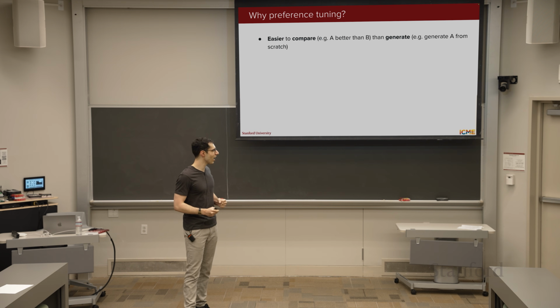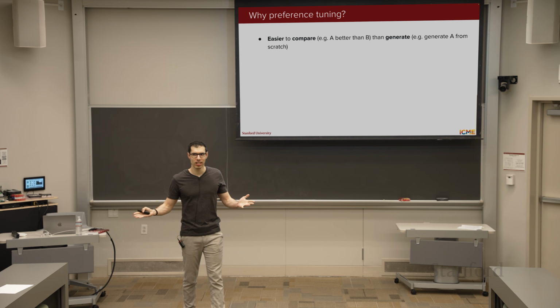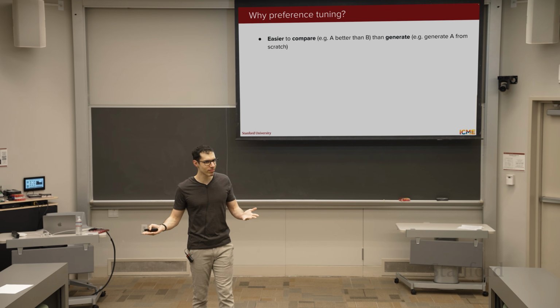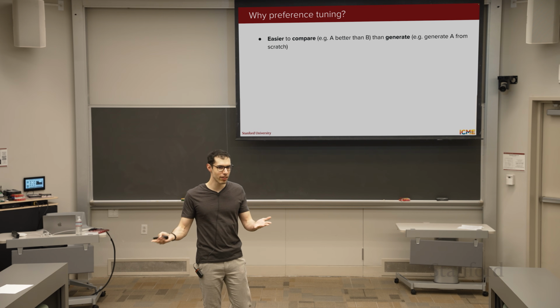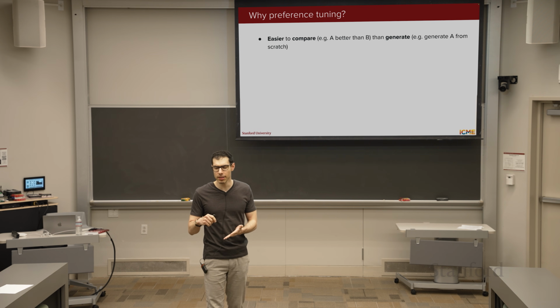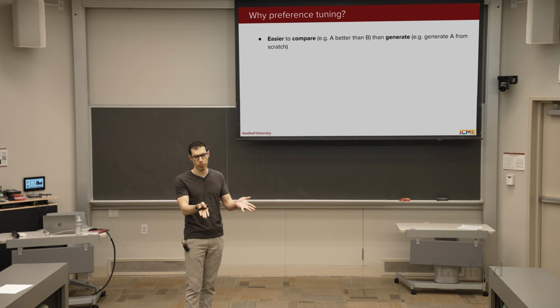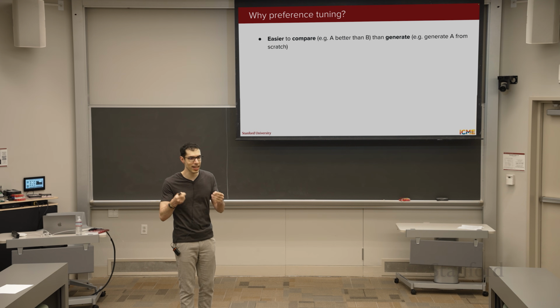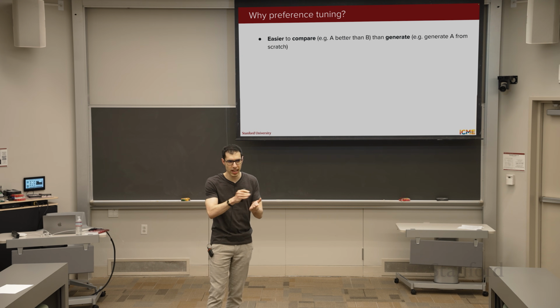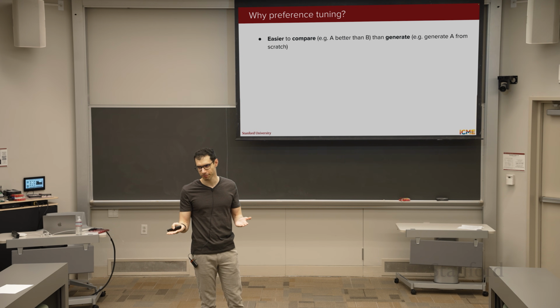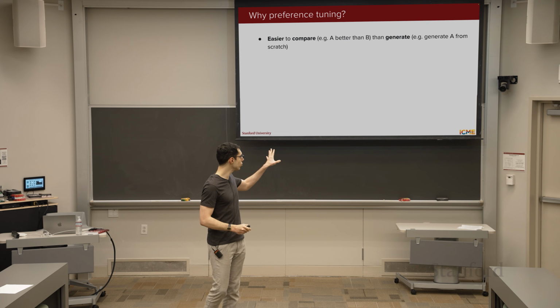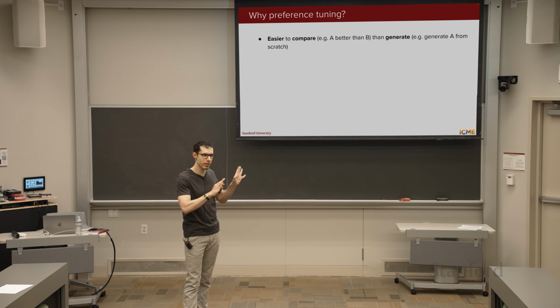Typically, if we asked you to write a great poem from scratch, it would be much more difficult than just showing you two poems, one bad poem and one great poem, and asking you to say which one is better. So in order to obtain the data set, it's already much easier.